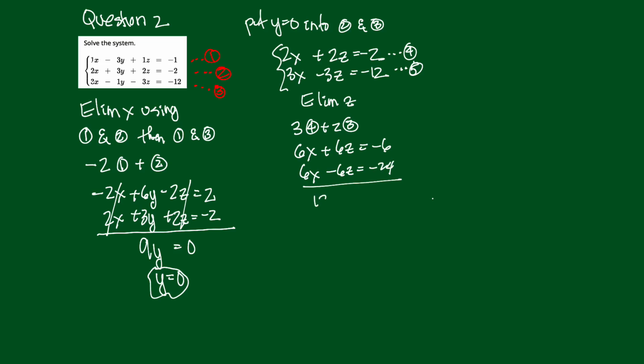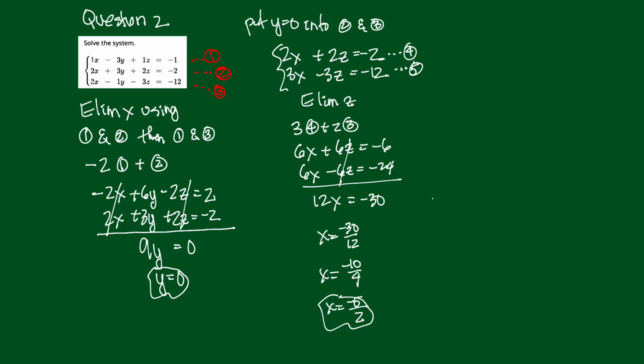All right, so I get 12x, the z's are gone, equals negative 30. So x is equal to negative 30 over 12. I can divide each one by 2. All right, so actually I can divide by 3, right? So negative 10 over 4. Now I can divide by 2. x is equal to negative 5 over 2.